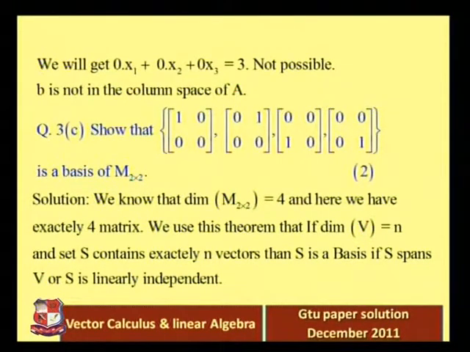We know that the dimension of the set of 2 by 2 matrices is equal to 4, and we have exactly 4 matrices in the set. So we only need to prove that this set is linearly independent.